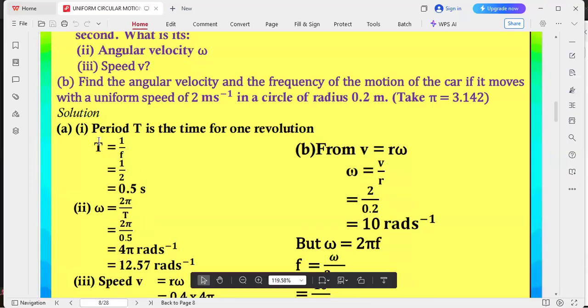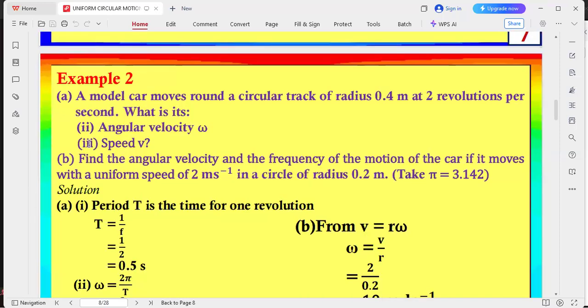Then Roman 2, the speed v. You also check which formula can give me the speed. The formula is omega equals v over r, and I'm interested in v.